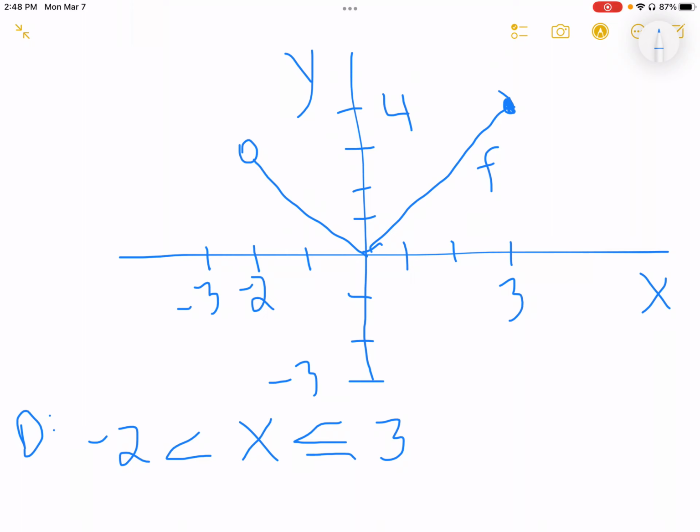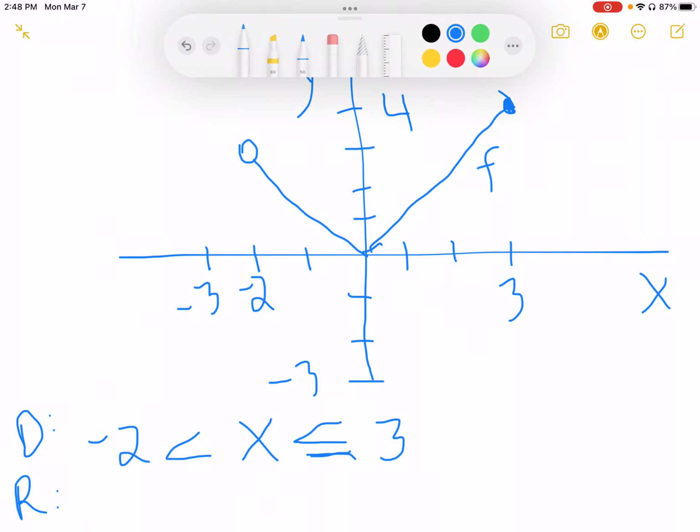That would be our domain. Domain is just looking at the x values. If I'm down here at the center, or over here, I don't care what my y values are at all. I'm just looking at my x value.